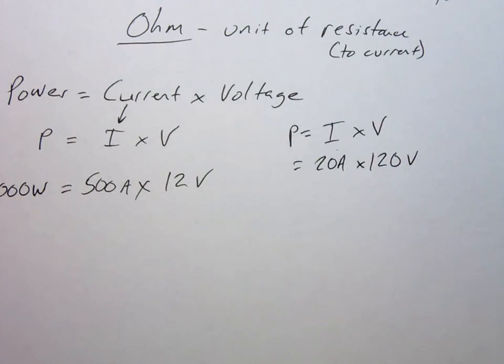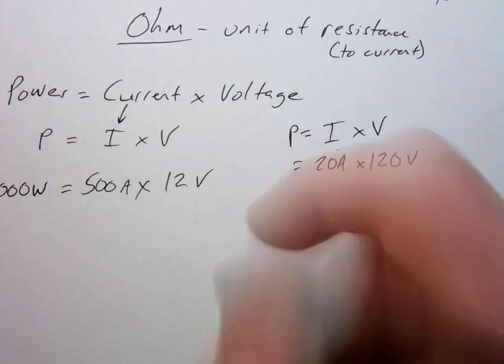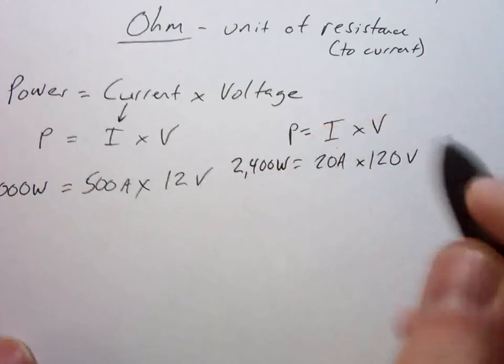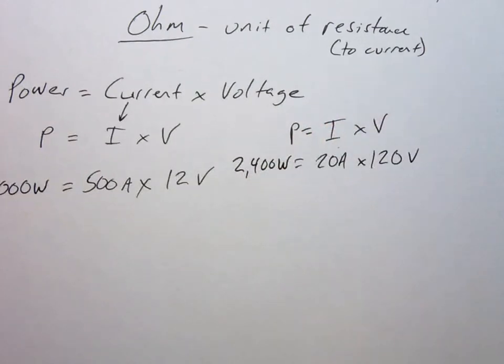So that means the maximum amount each circuit in your house should be able to do on power is 20 times 120. Yeah, 2,400 watts. That's why you're not going to run 2 microwave ovens on the same circuit at the same time.